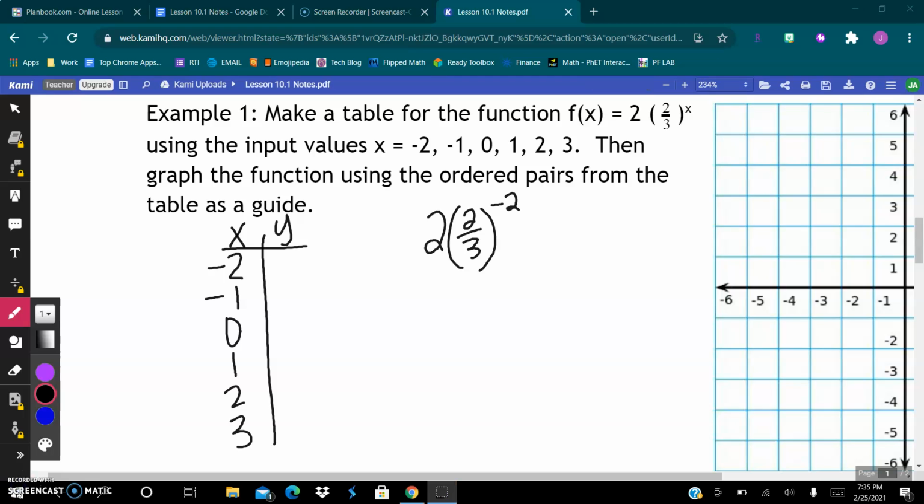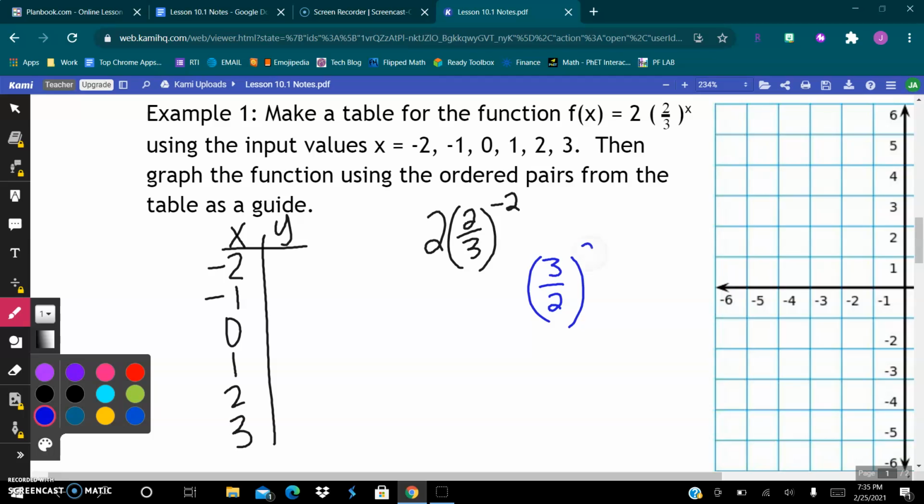If I had to do this by hand, we already have a fraction raised to a negative exponent. So in order to solve that, we would flip the fraction, and flipping the fraction makes the exponent positive. And then we would have to square it. So 3 squared would be 9, and 2 squared would be 4. And then we would have to times that by 2.